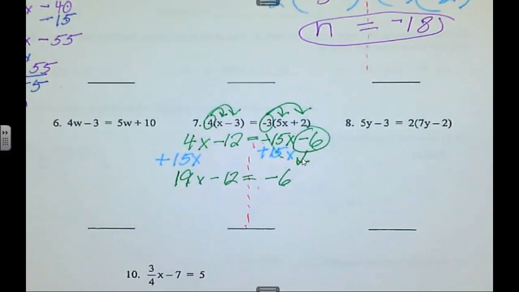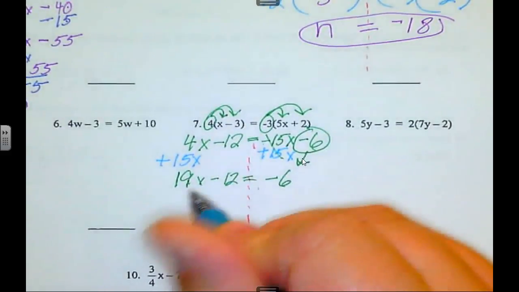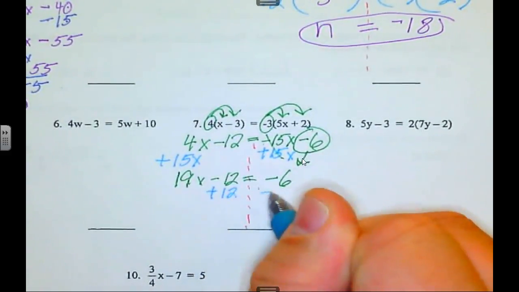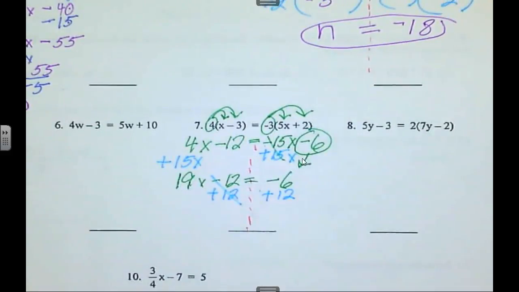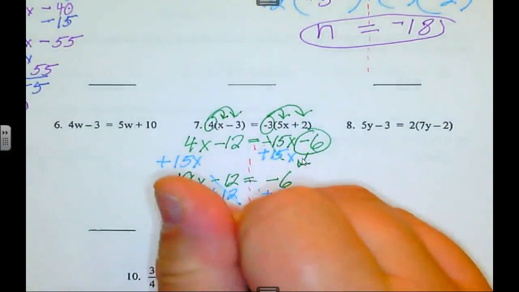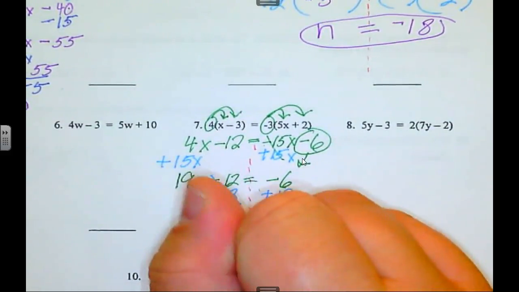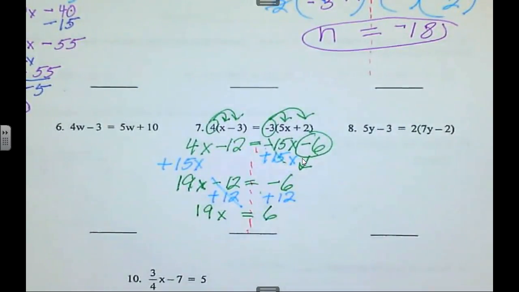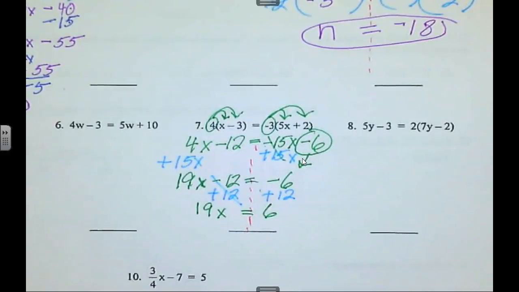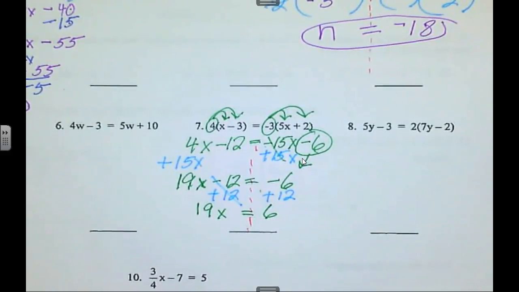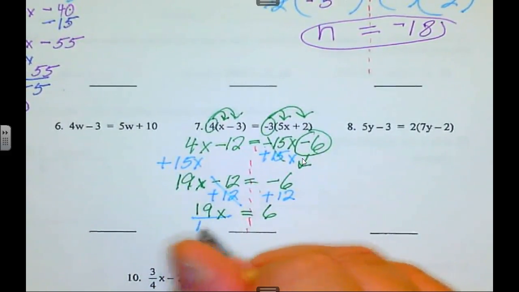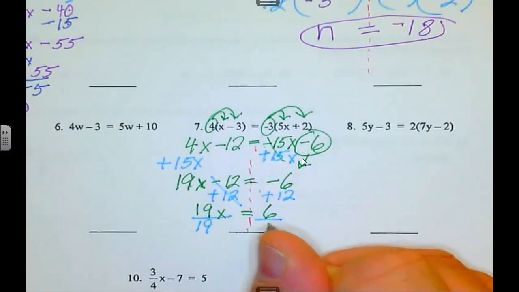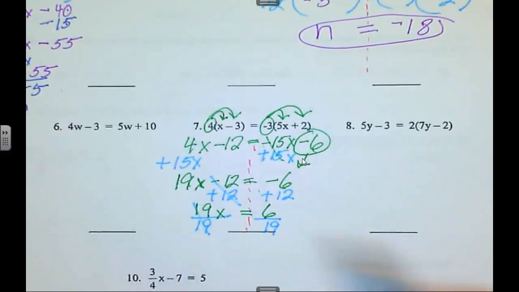Now add 12 to both sides. So I get 19x equals 6. Divide by 19. Yep, 19's a prime number. So you're not going to be able to reduce the fraction.